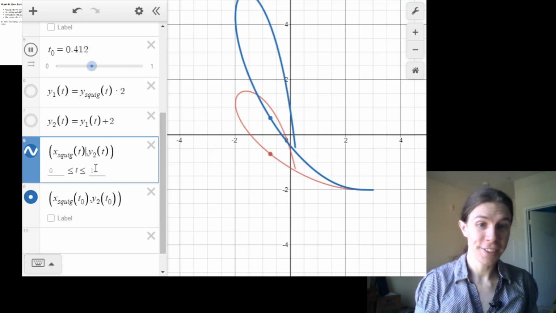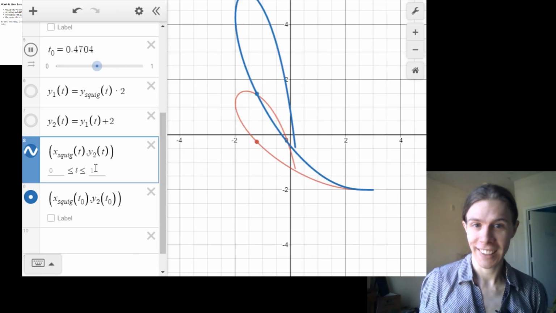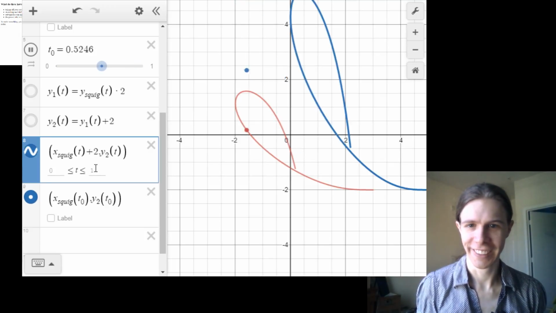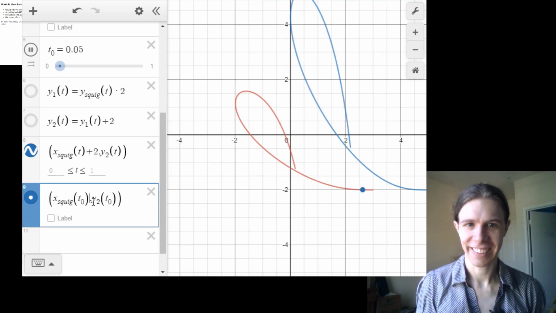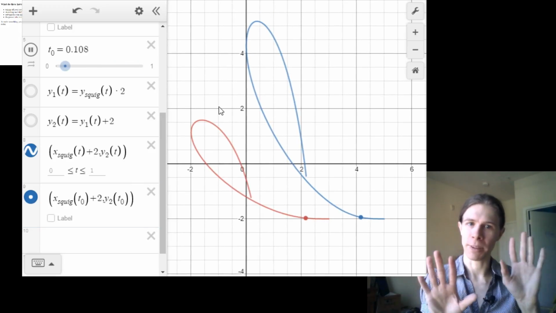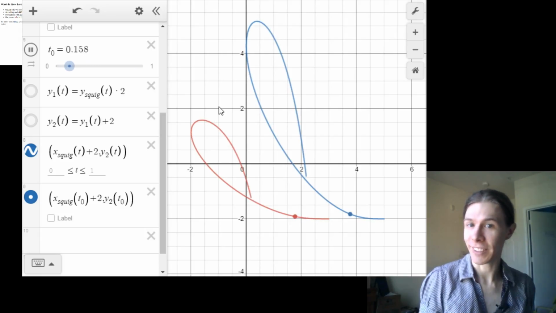I said to make this easier, I'll be doing everything in the y direction. That's because if I'm not doing anything in the x direction, I can shift this over by 2 in the x direction, and then now we can actually compare them side by side, each of these experiments.